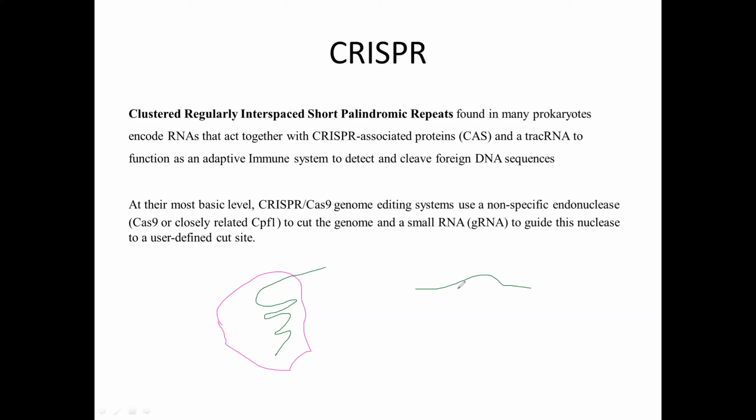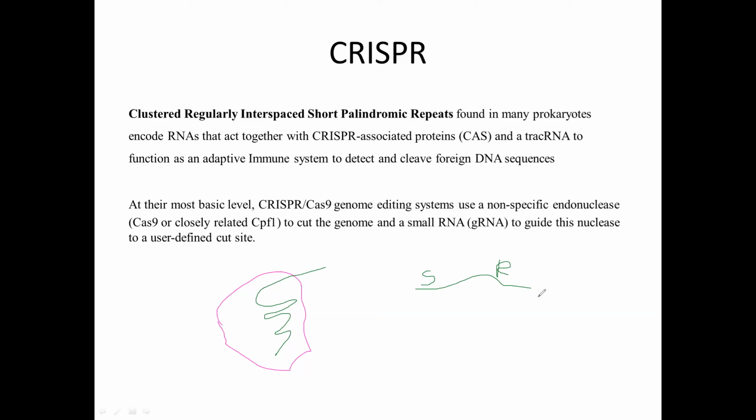The CRISPR RNA itself has two regions: one is the repeat sequence, and one is the spacer. Since it's transcribed from the CRISPR array, which contains repeats and spacers, you get at least one spacer and one repeat in your CRISPR RNA.